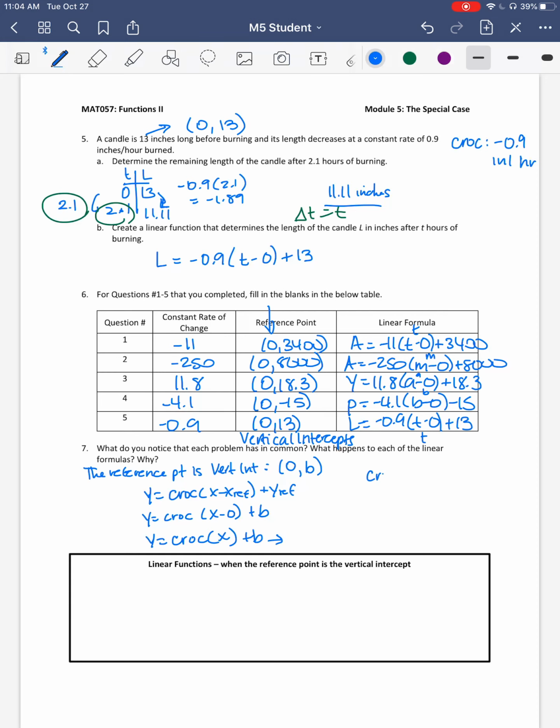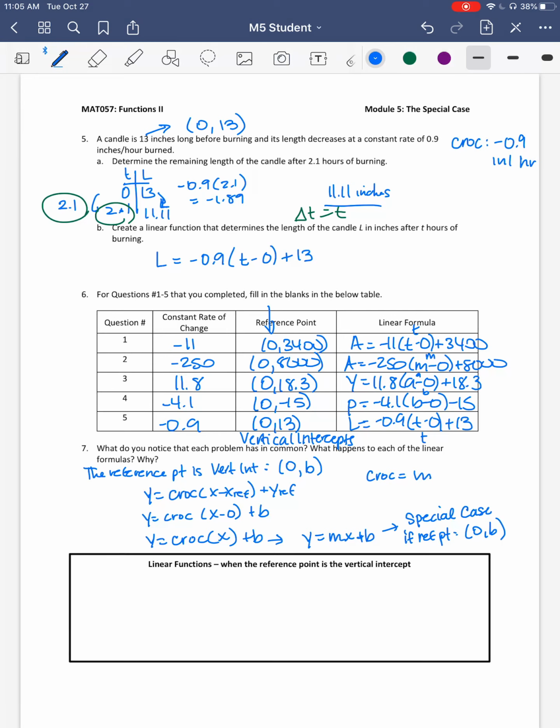Instead of writing the slope symbol, you always called it m. And so that leads us to y equals mx plus b. So that's pretty cool, actually. So y equals mx plus b, we would really call the special case. I know it's probably the way you were taught your whole life, but it's a special case of a linear function, which happens if the reference point is the vertical intercept.